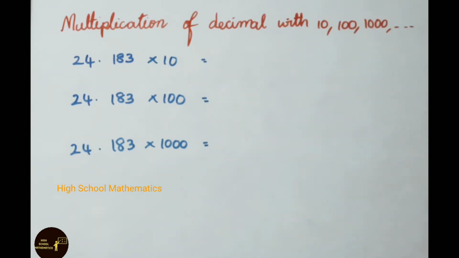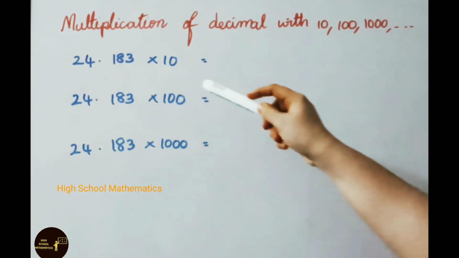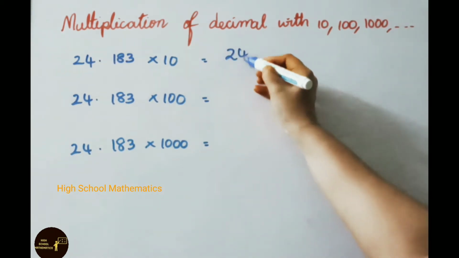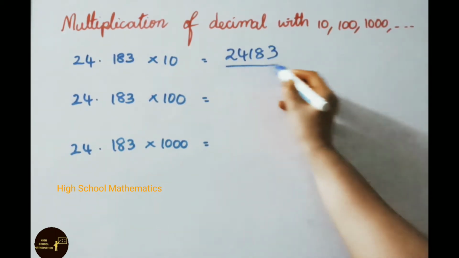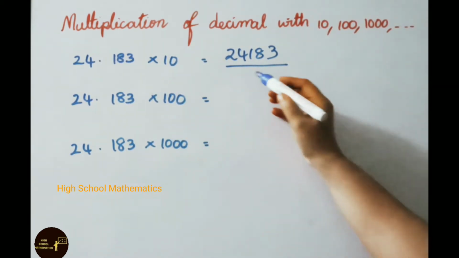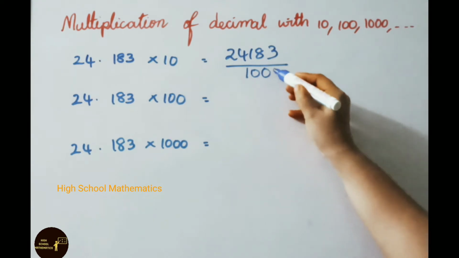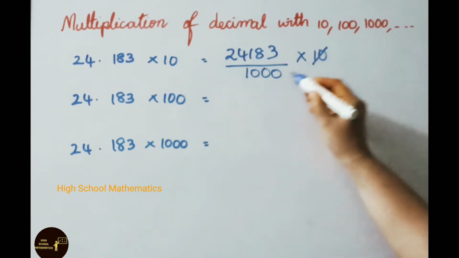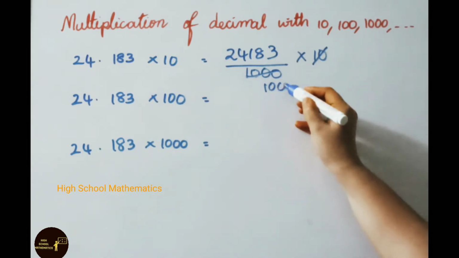Let us see the first example, 24.183 multiplied by 10. Now remove the decimal point and write down the number 24183 by decimal after how many digits were there? 3. So 3 digits there means we have to write denominator 1000 into write down this 10. 10 times 1000 is 10000, that is 100 times.